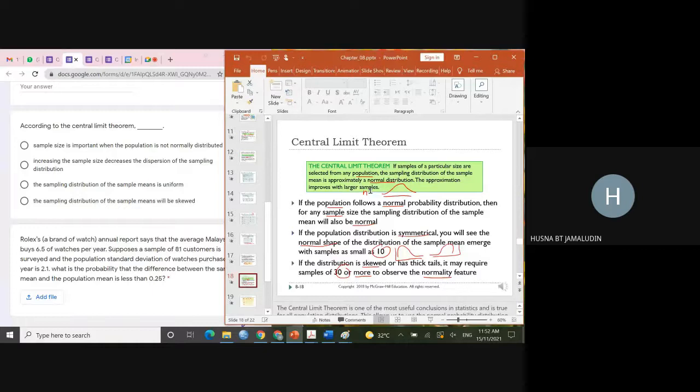Okay, can you see that? So which one? Your estimation will be better, will improve with a larger sample size.